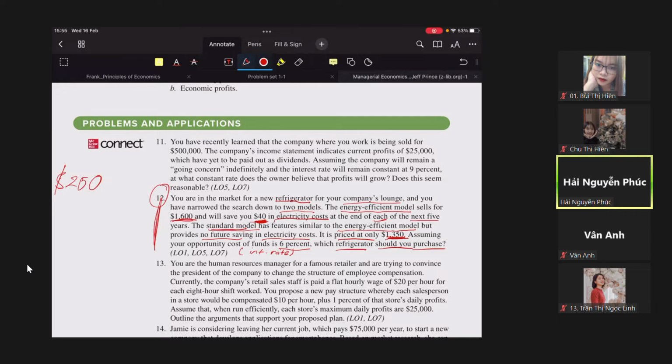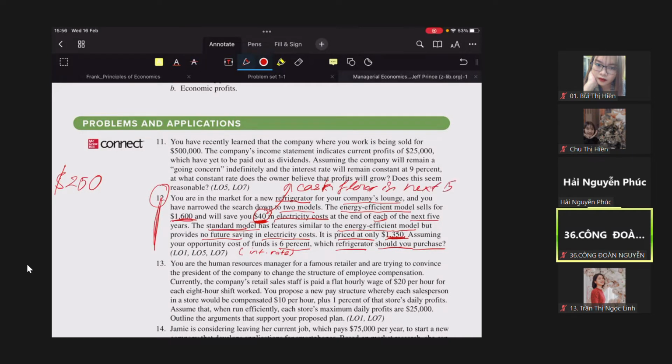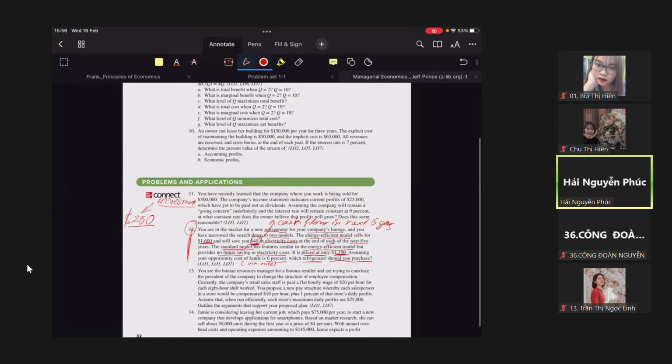So actually the number 40 works like a cash flow in the next 5 years, and the number 250 works like your initial investment. So what do you think? How will you solve this question?